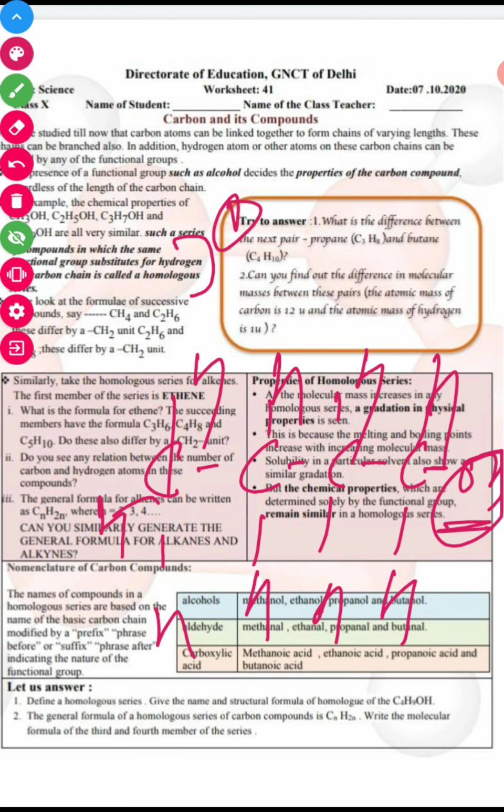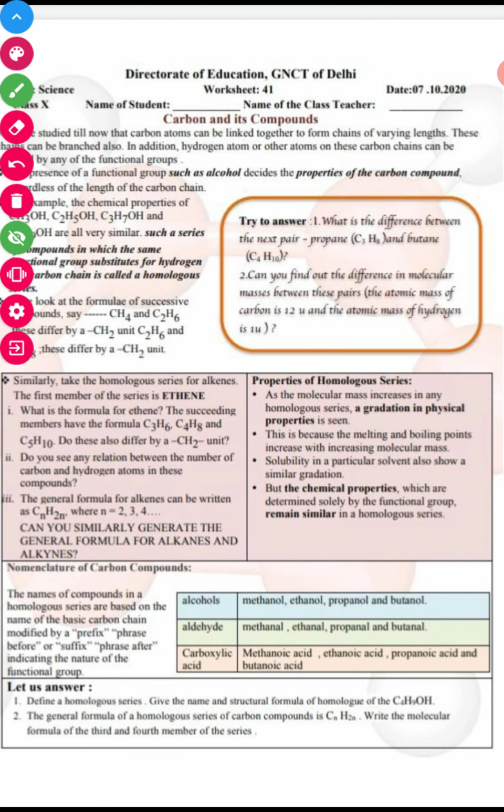The general formula of a homologous series of carbon compounds is CnH2n. Now find the molecular formula of the third and fourth members of the series.